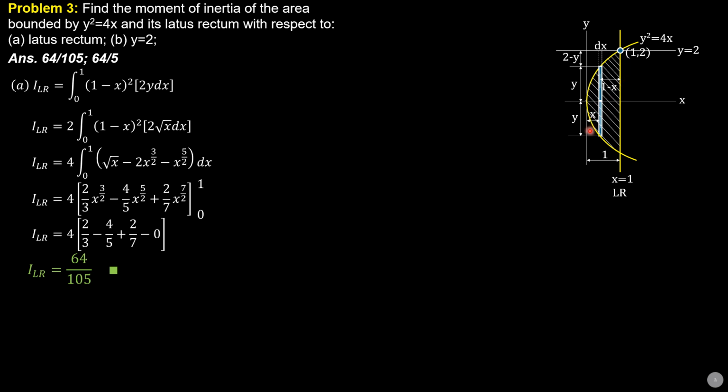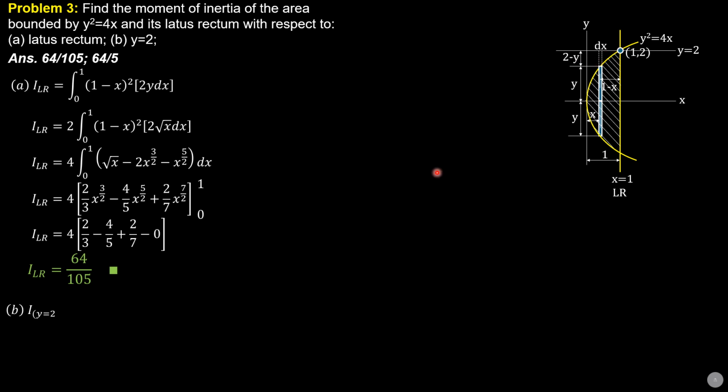Remember, the moment of inertia with respect to an axis through the base, where the rectangle is perpendicular to that axis, is 1/3 base times height cubed. So it is 1/3 times the height cubed, which is (2 plus y) cubed dx, then minus this rectangular strip here, which is 1/3 times (2 minus y) cubed dx.